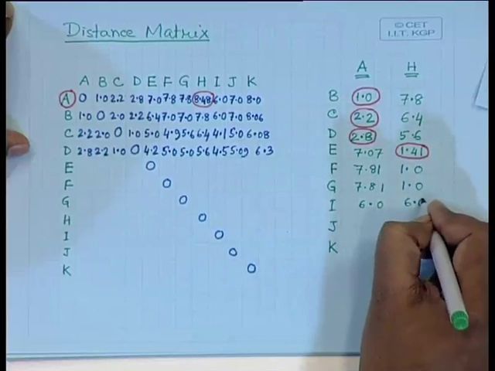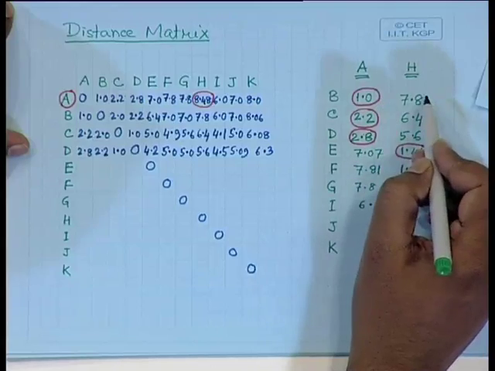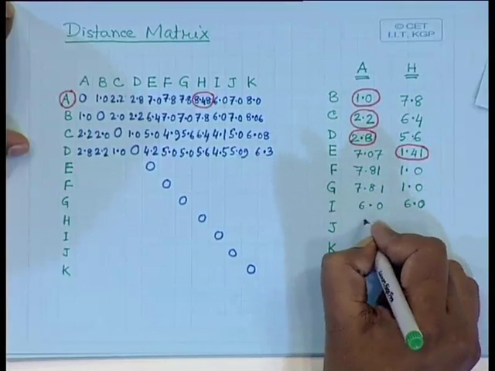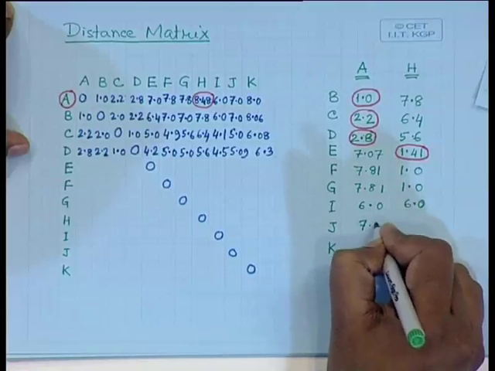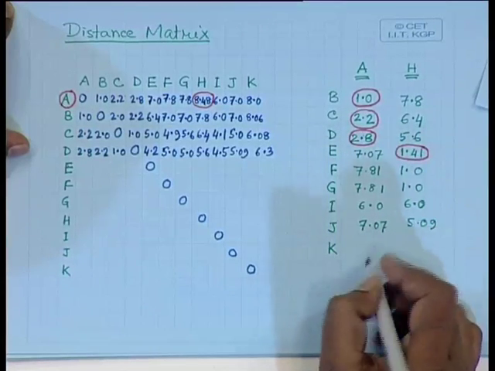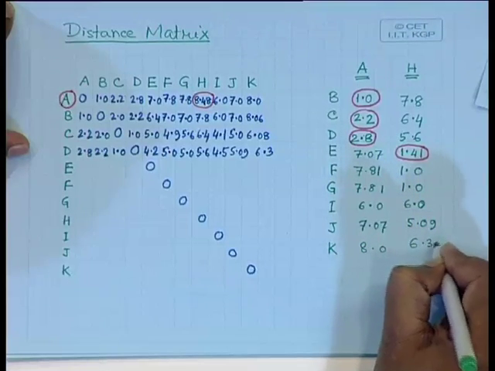So, you find that both these distances are the same, that is point I is equidistant from A and H. So, I can consider any of them. For J, it is 7.07 and 5.09. For K, it is 8.0 and 6.32.